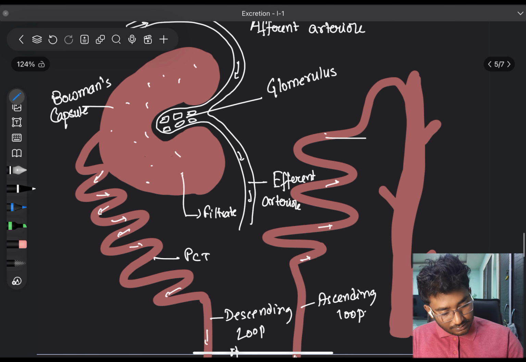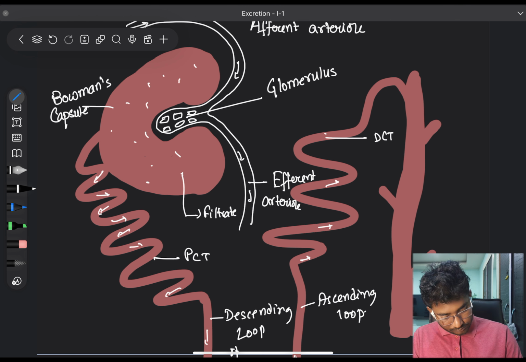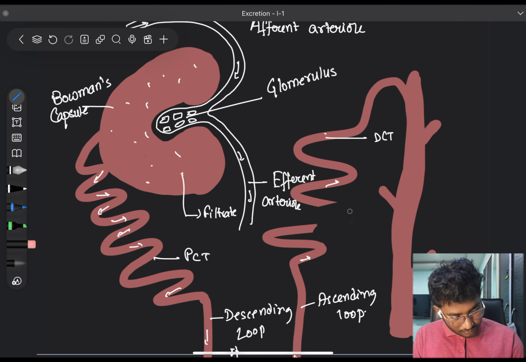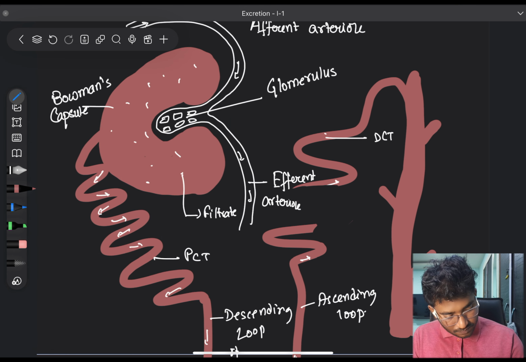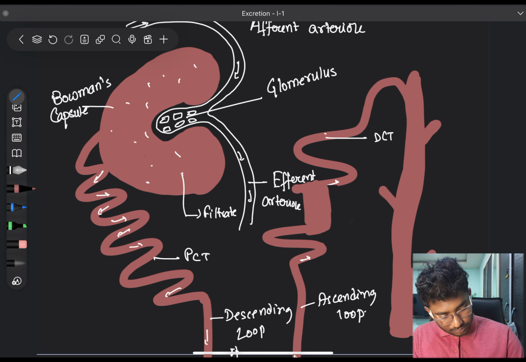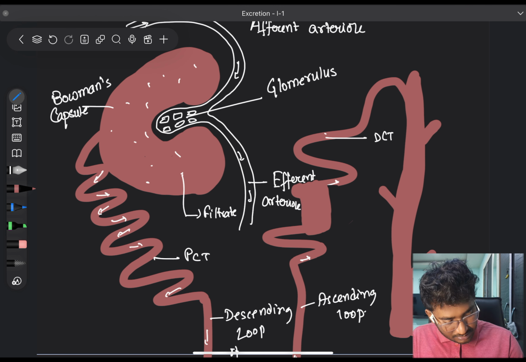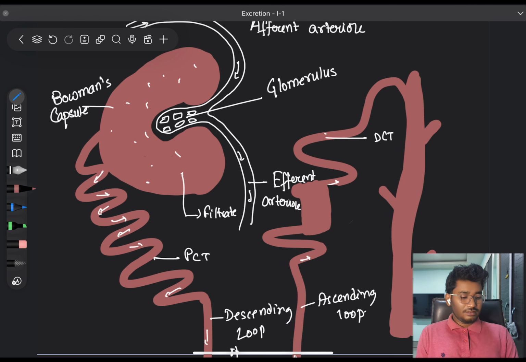This is called the DCT. Okay. Here I have to do something. Here it will be much thicker, because the PCT is much thicker than the DCT.